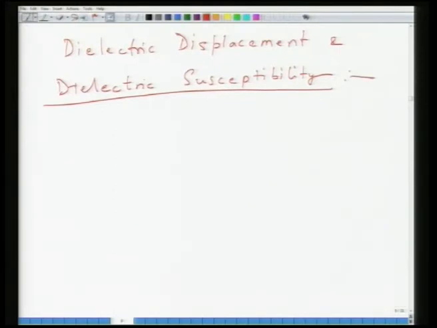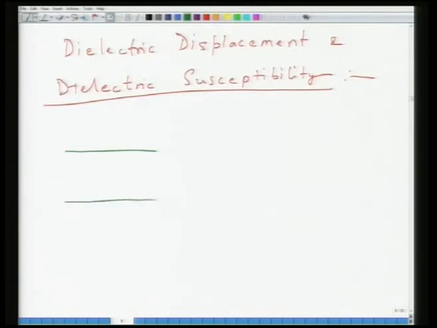So, what we will do first is consider a parallel plate vacuum capacitor. So, what you have is a capacitor, and we will use a different color for the sake of clarity.